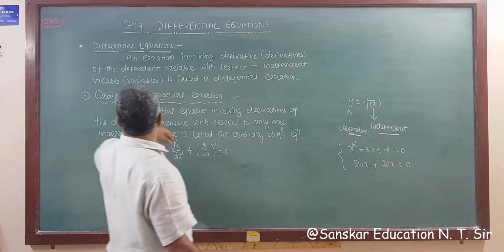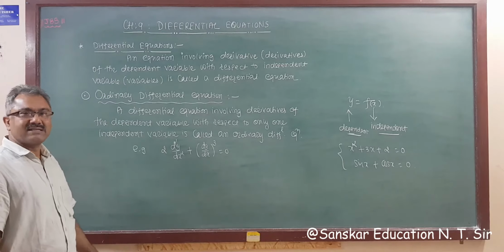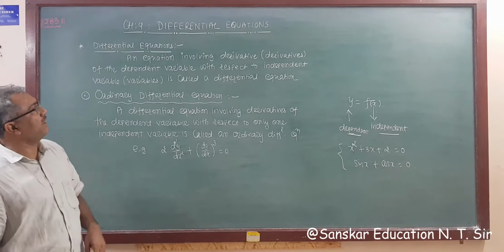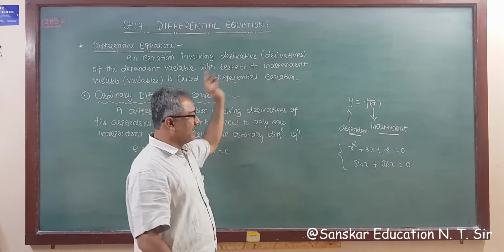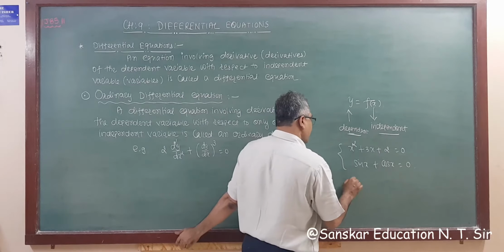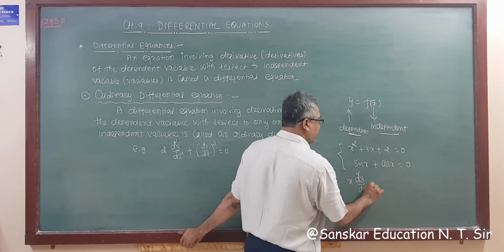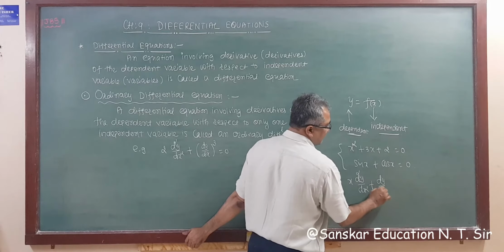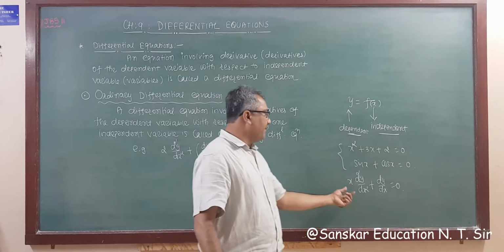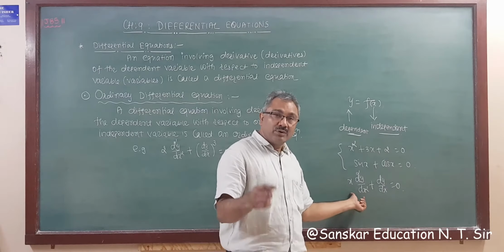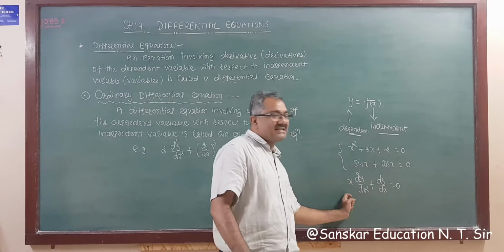So what is the differential equation? The definition of a differential equation is an equation involving derivative or derivatives. For example, suppose x into d square y by dx square plus dy by dx is equal to 0. This is an equation which contains derivatives, this dy by dx and this d square y by dx square.